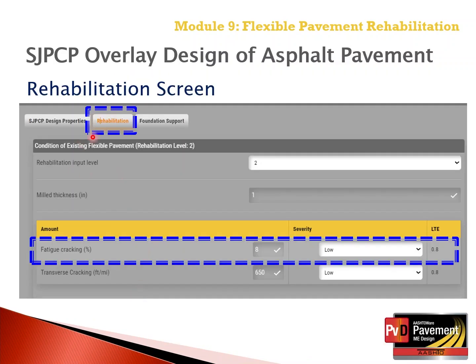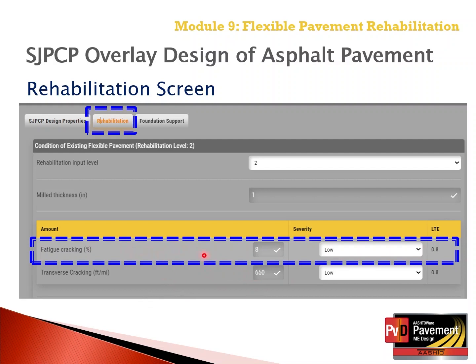The other is the Rehabilitation tab, and this is the fatigue cracking. The user can enter the amount of bottom-up fatigue cracks in the existing asphalt pavement, as well as the amount or length of transverse cracks in the existing asphalt pavement.